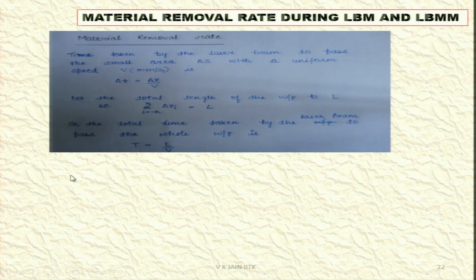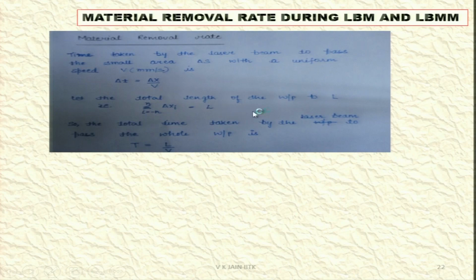Now the material removal rate is to be calculated. Let us see, the time taken by the laser beam to pass the small area delta S with a uniform speed v is given by delta t, the distance to be travelled upon the speed or velocity. That will give you the time.